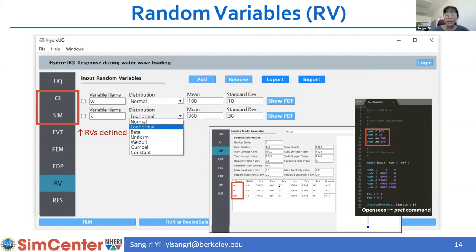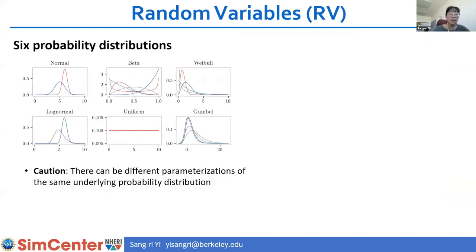In most cases, if you do it this way, the random variables tab will already be filled with the variables you had defined. The remaining step is to set the distribution types and their parameters.